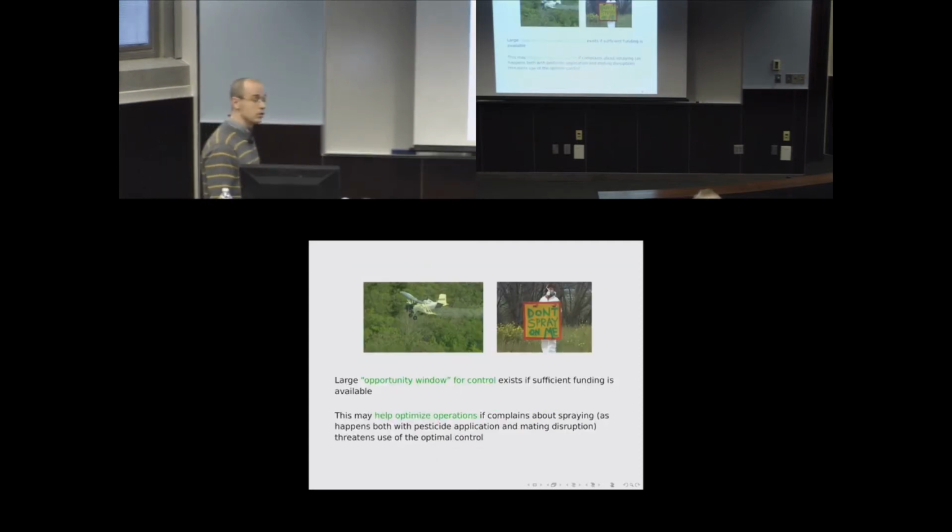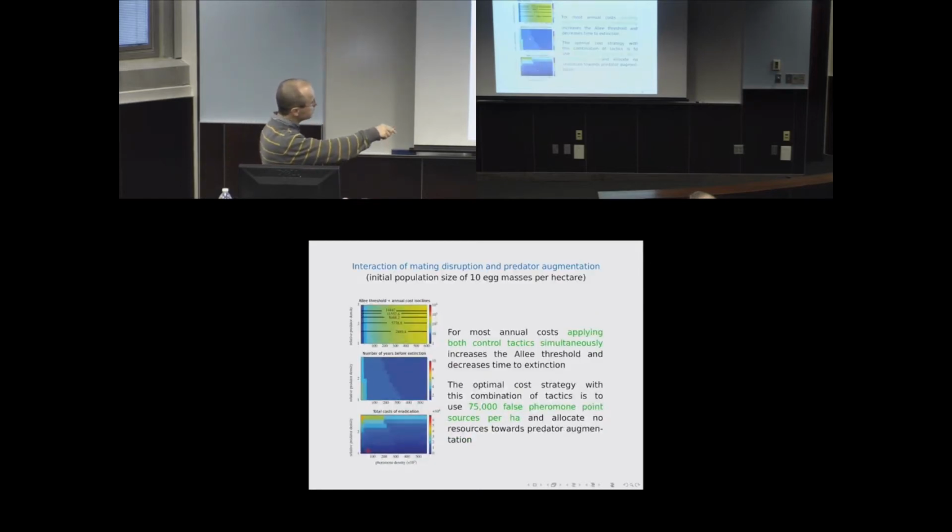But there is a lot of movement that says, okay, we are against any spraying. We would like to use some different control method. But this is possible here because we have a large space, or even if we consider 3 years to eradication, we have a large space here for very efficient population control.